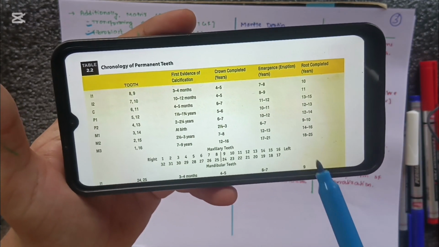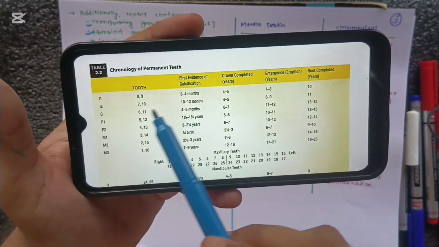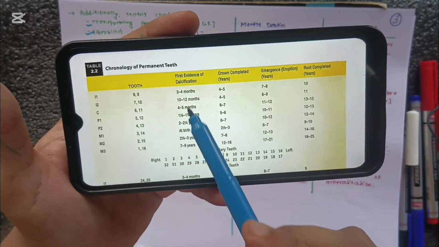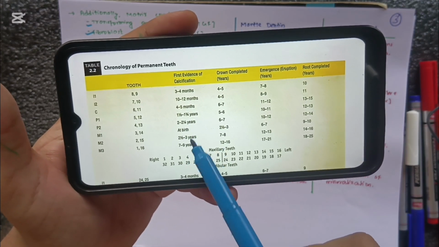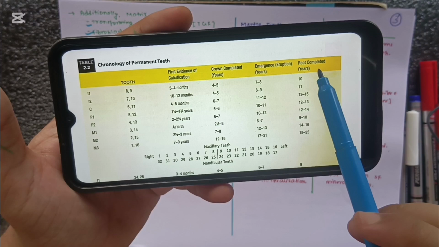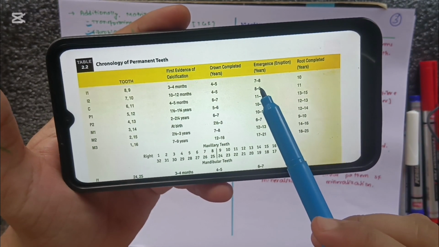The reason is that it shows the first evidence of calcification. We can see the months of the first evidence of calcification, the root completion years, the crown completion, and the eruption date.